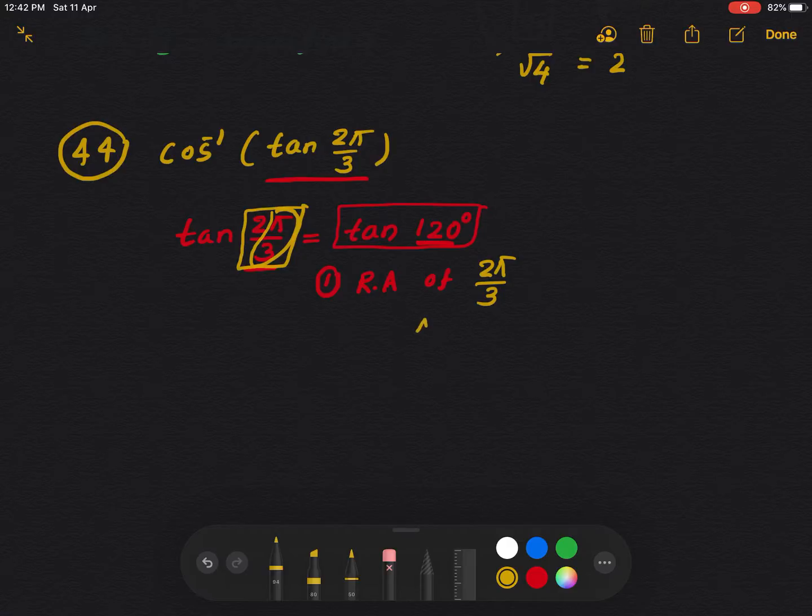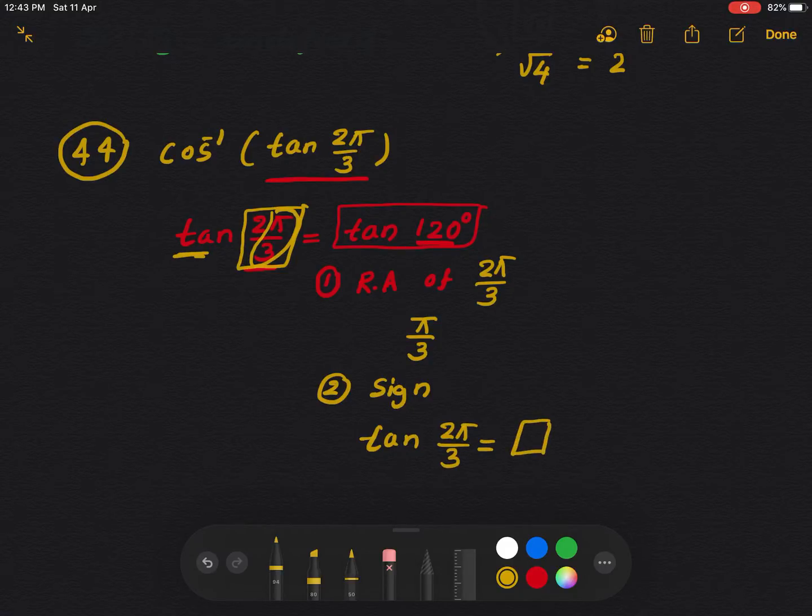You know it: the reference angle of 2 pi over 3 is pi over 3. Next, you need to find the sign of this tangent function, that is the second step. So tangent 2 pi over 3 is equal to, sign you have to find, tangent pi over 3.